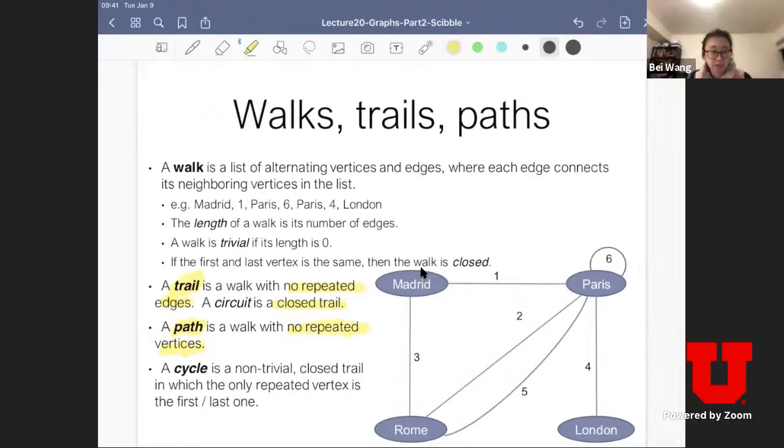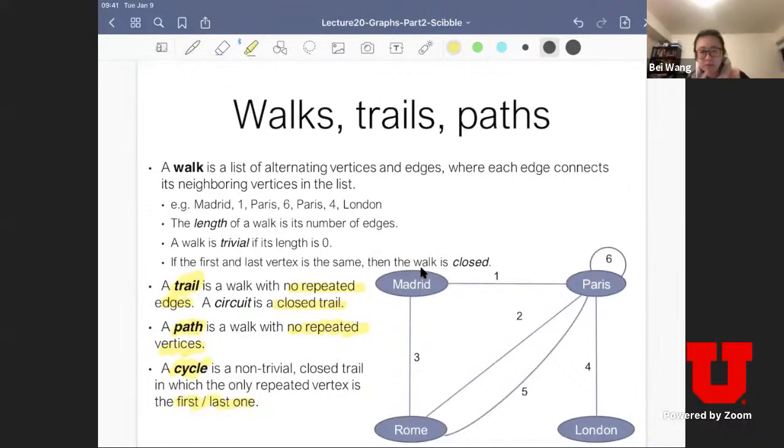Okay. So you might come to the same vertex, but you cannot use the same vertex twice. So the last one is a cycle, which is a non-trivial closed trail in which the only repeated vertex is the first and last one.